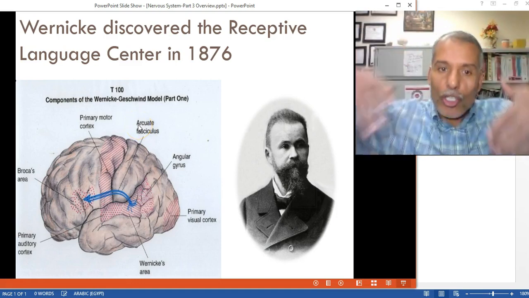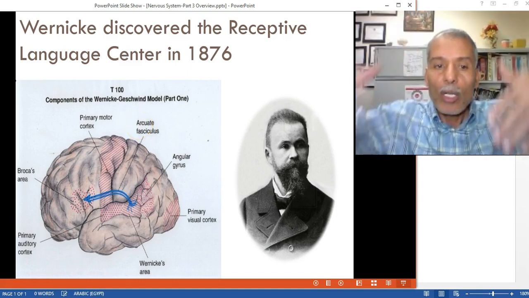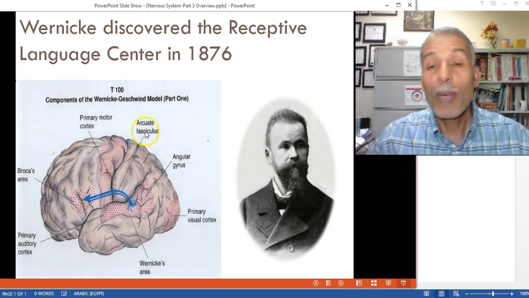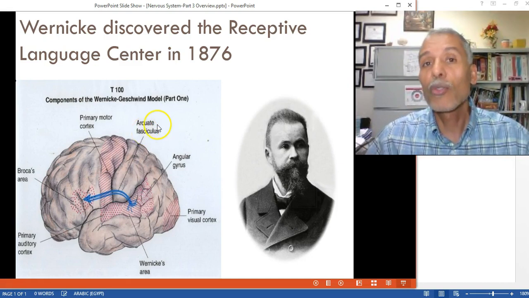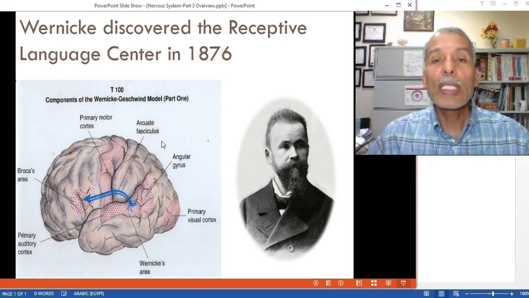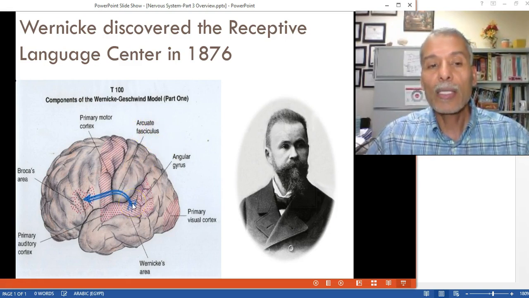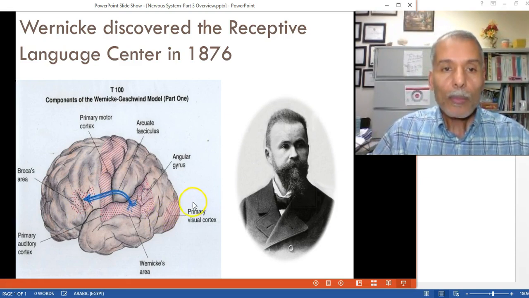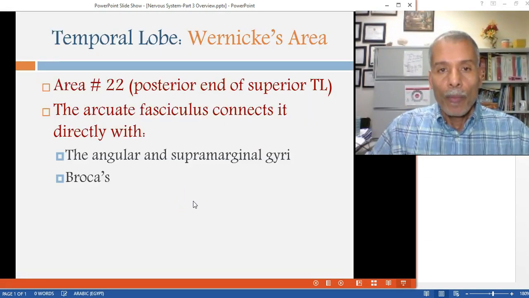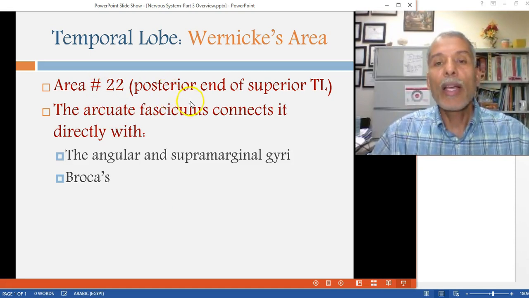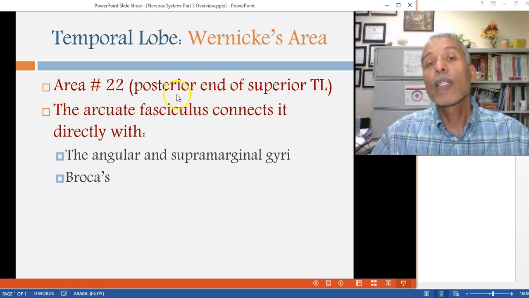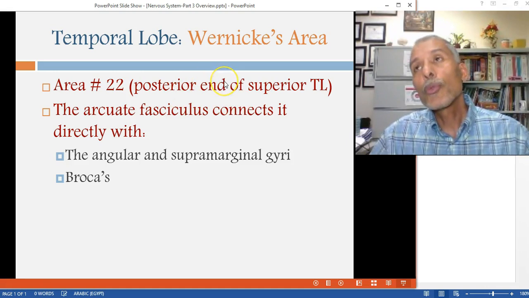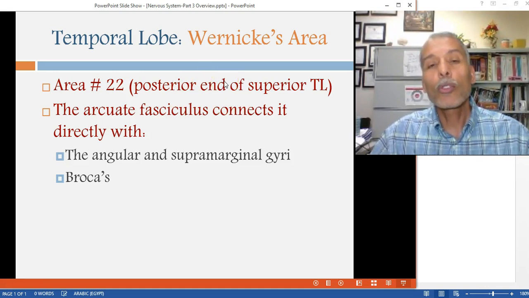Arc means arch, arcuate means arched. So the arched pathway. So, but when I ask you the question, you need to tell me the arcuate fasciculus is the pathway that connects the Wernicke's area with Broca's area. Wernicke's area, as I explained, is the area that is posterior to the primary auditory cortex.